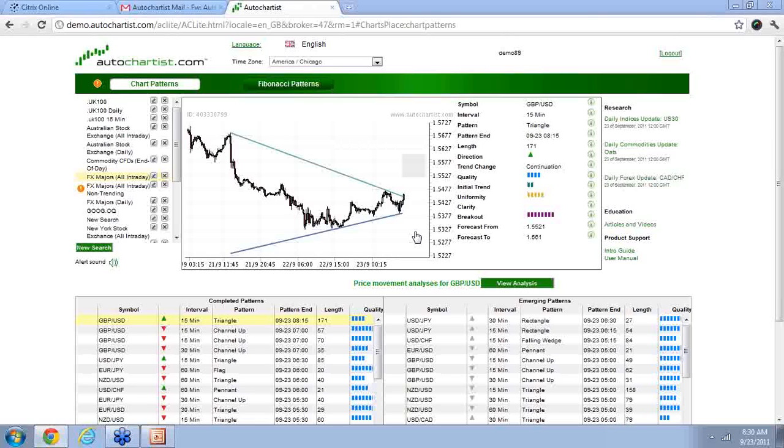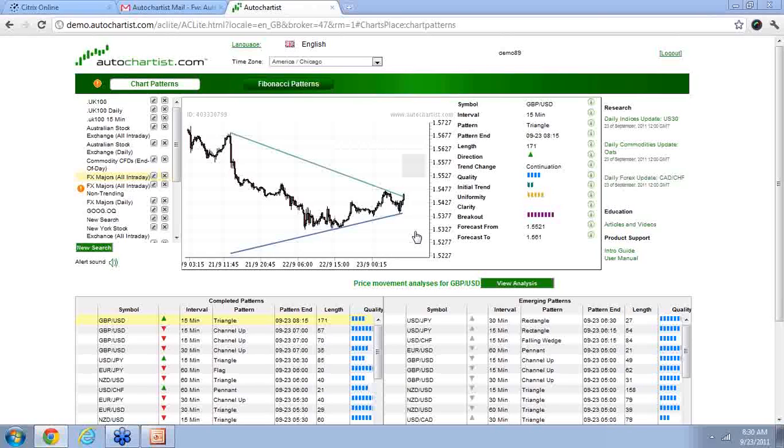And that's a lot of that art, or that mental, psychological side of trading that you need. If you have confidence in the pattern, and you are looking for a triangle and you actually see a triangle, then you have more confidence that that market's going to behave like it should.